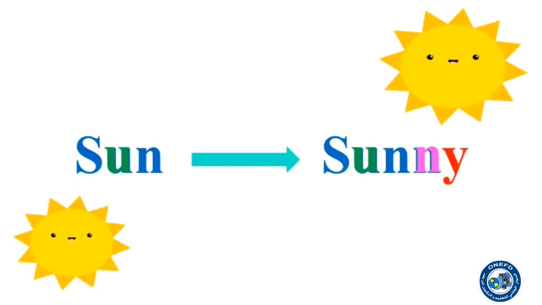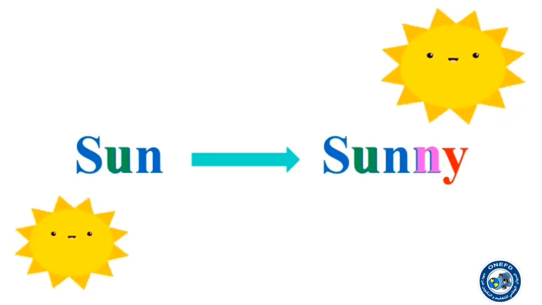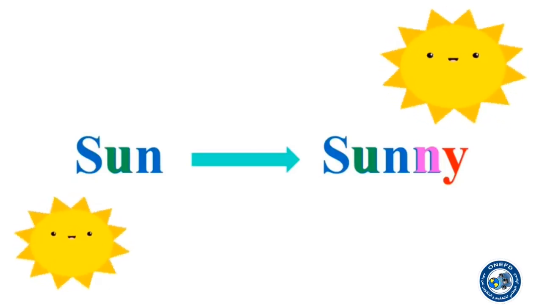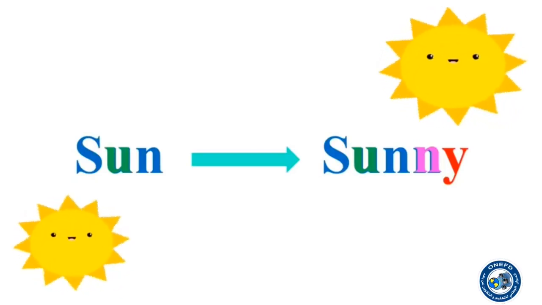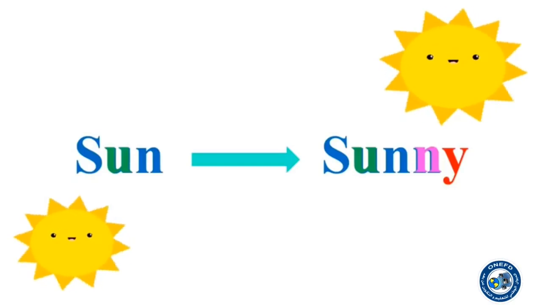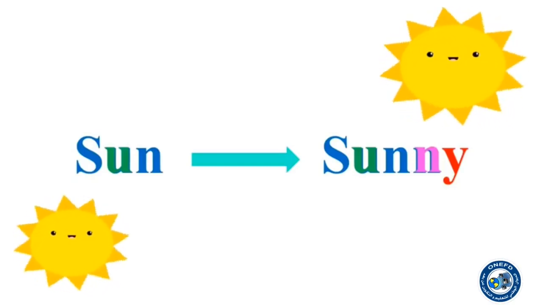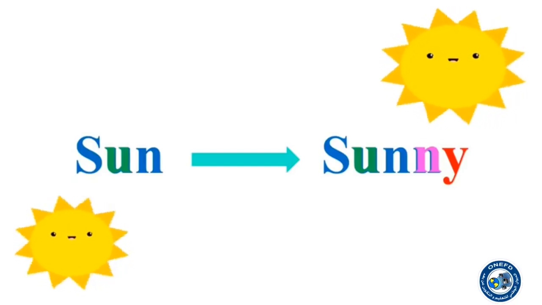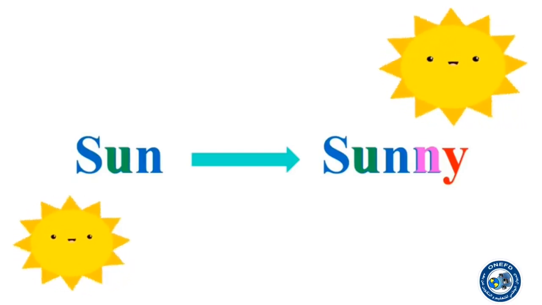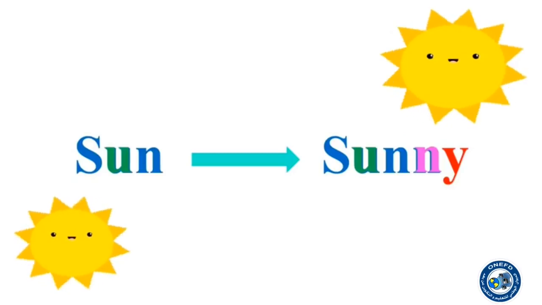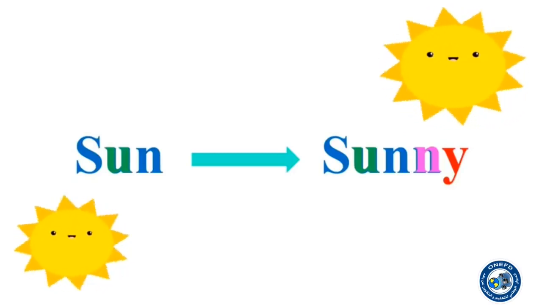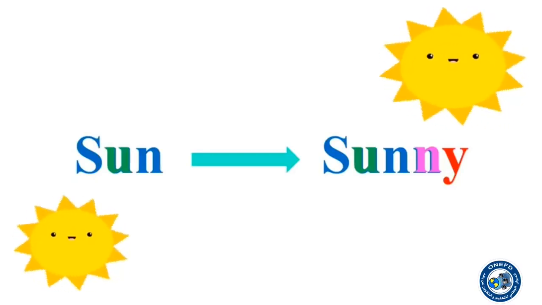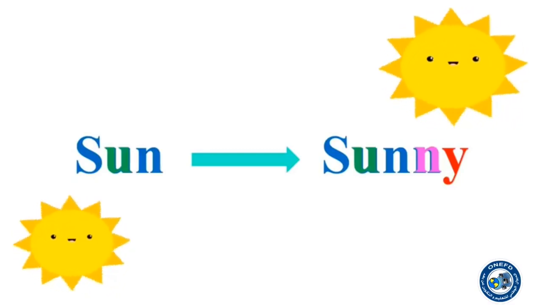So we must double the consonant and then we add y. So sun, sunny. I add another N and I put the suffix y to form the adjective. Let's take another example.